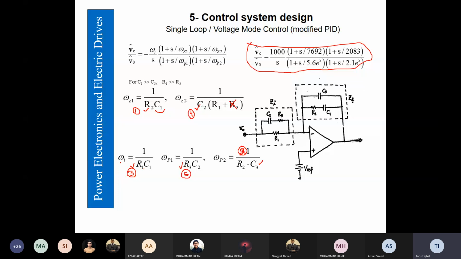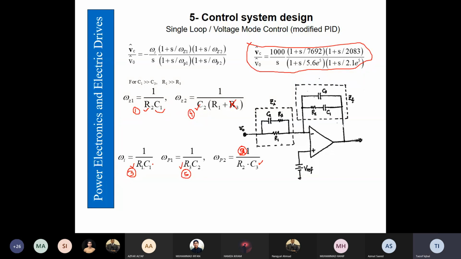Similarly for omega I, with C1 fixed, we find out the value of R1, which we have already found. Sorry, the value of R1 we already found out from omega Z2.